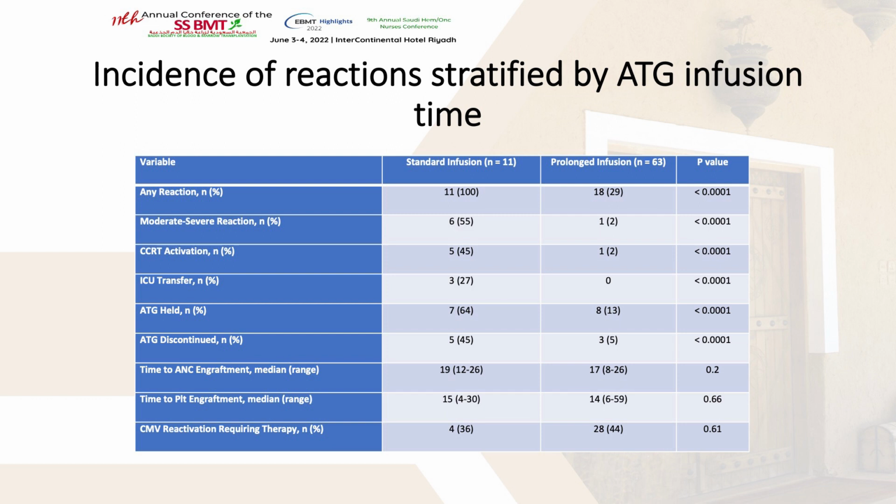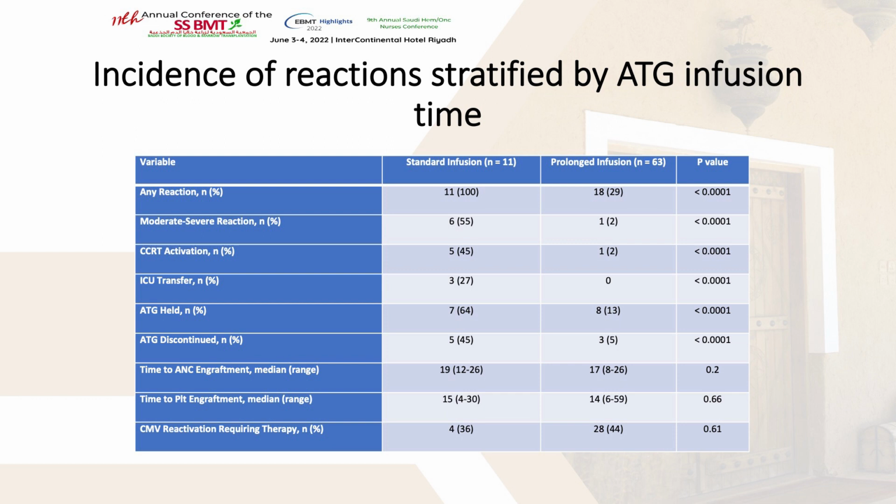This patient had a chest fungal infection and deteriorated more with the ATG infusion. ICU transfer: 3 patients required transfer to ICU, but in the prolonged infusion, we have 0 patients transferred to ICU related to ATG infusion reaction.